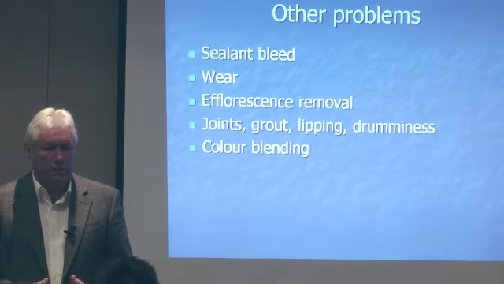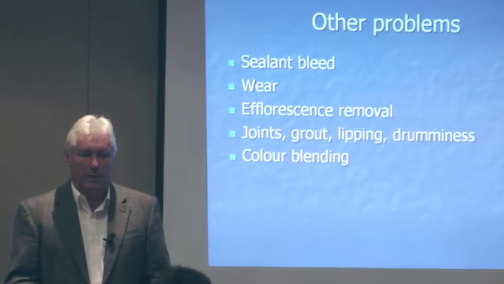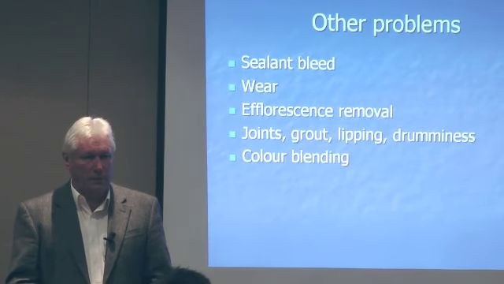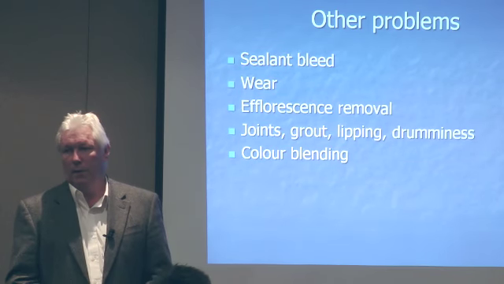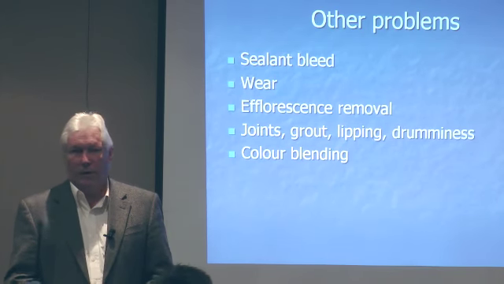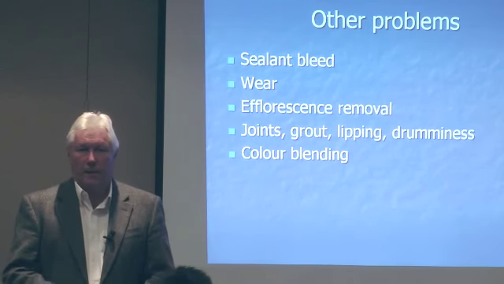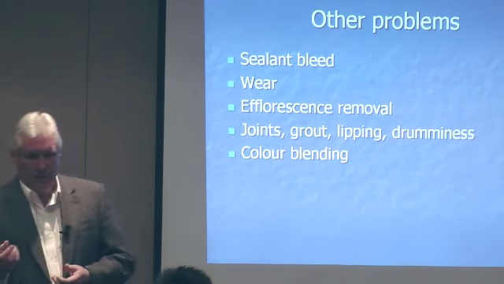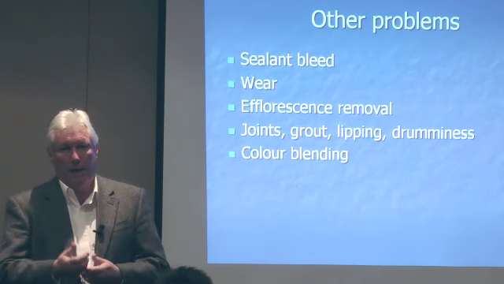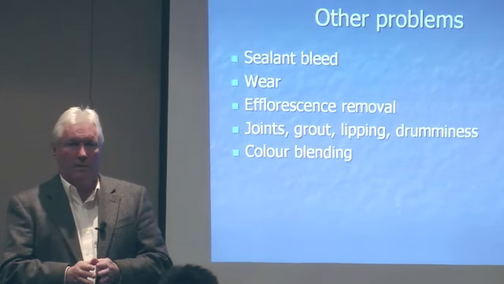We've got other problems also that can occur with stone that are a bit unusual for most building products. We can have a problem with sealant bleed. That is the polyurethane or silicon type products that you put in an expansion joint where two walls meet or where there's a movement joint in floors. The process of curing those moisture cured products is that they have a plasticizer in, and that plasticizer actually gets forced out as the product becomes harder.